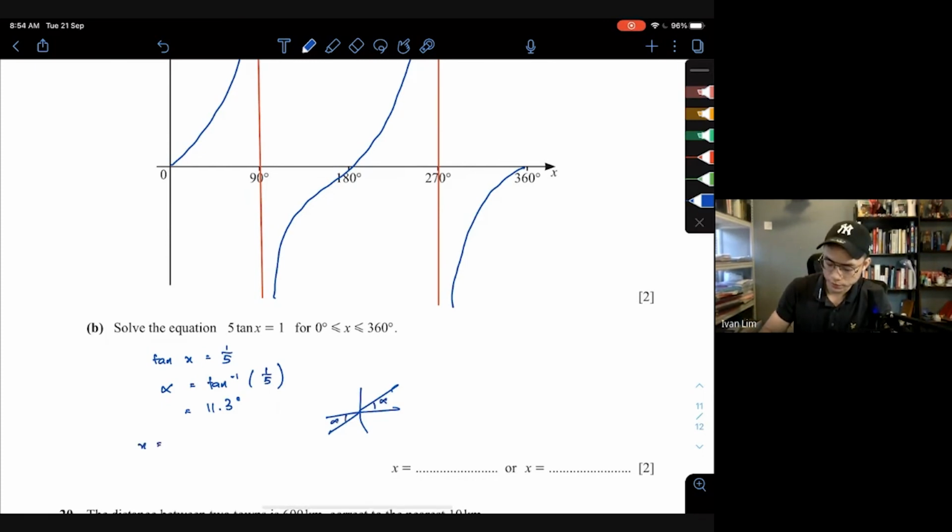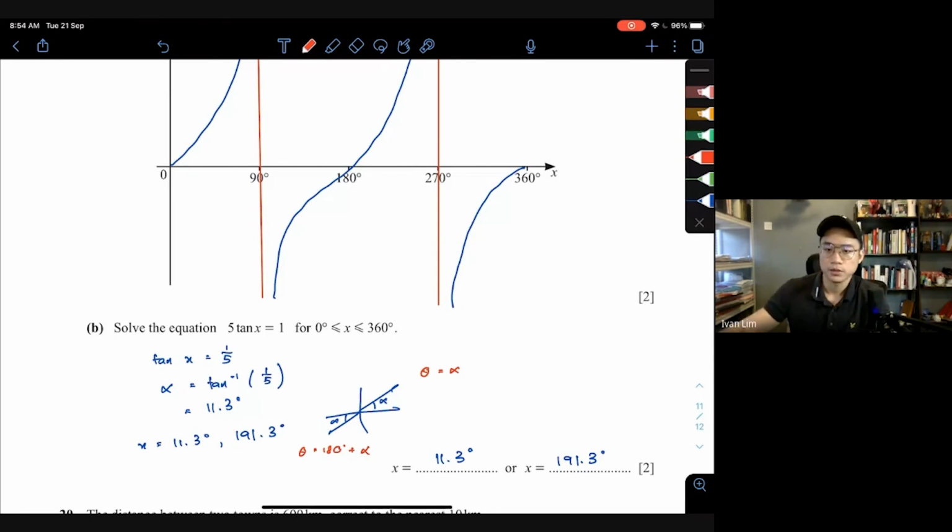Therefore, it will be 11.3 degrees and 180 plus 11.3 degrees, which will be 191.3 degrees. Here theta is equal to alpha. Here theta equals 180 plus alpha. If you all use a different method, a graphical method, also it's fine.